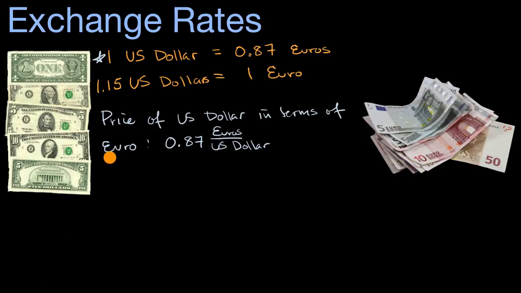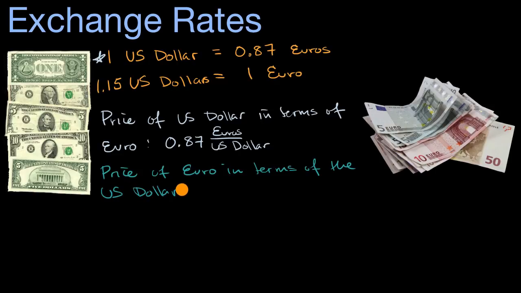And if you were to go the other way around, the price of the euro in terms of the US dollar, well, that would be the other way around. 1 euro would cost $1.15. So this would be 1.15 US dollars per euro.